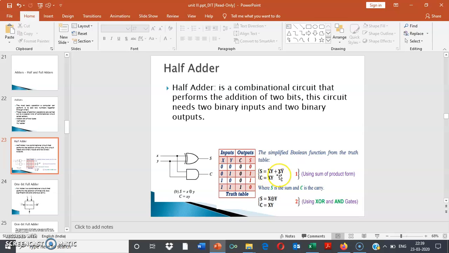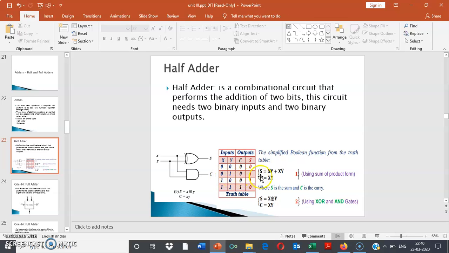carry. The Boolean expression which we get is from the truth table. How is this expression formed? It is very simple. In this sum column, only two rows have sum equal to 1. For example, in the second row, you have sum 1 if x is 0 and y is 1.